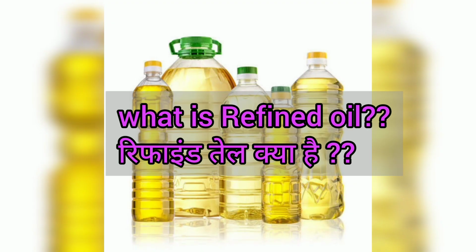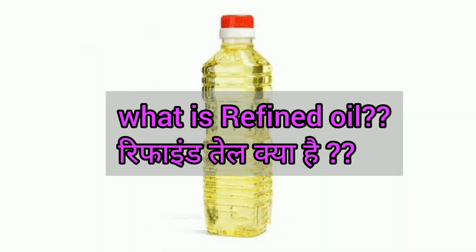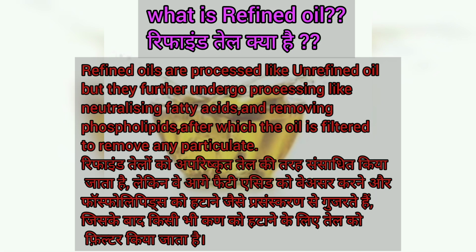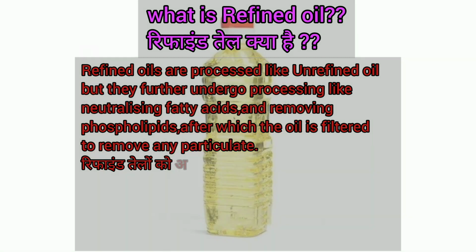Now the next one is refined oil. Let's see what exactly a refined oil is. Refined oils are processed like unrefined oils, but they undergo further processing like neutralizing fatty acids and removing phospholipids, after which the oil is filtered to remove any particulates.